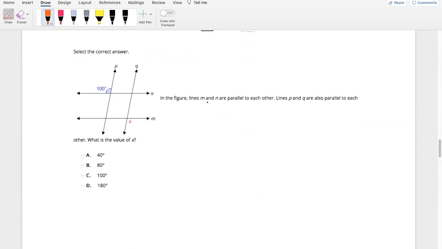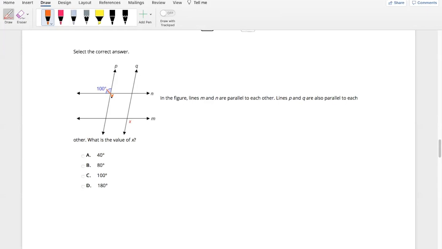In the figure, we got M and N, and they're parallel to each other, and we also have Q and P that are parallel. What would be our value of X? So just like up above, we can go around the whole diagram and figure out what is corresponding to each other. As I look here, I have a vertical angle.